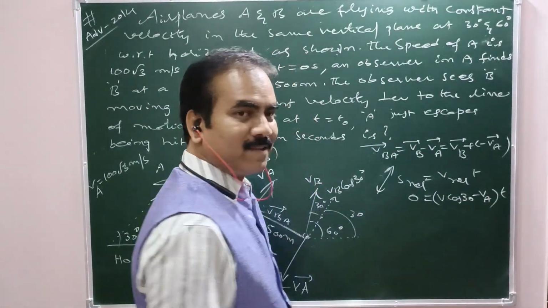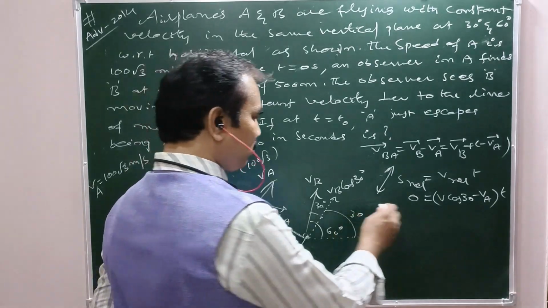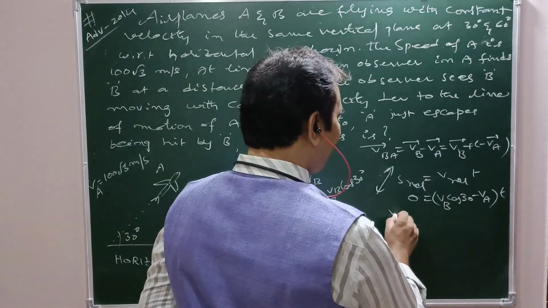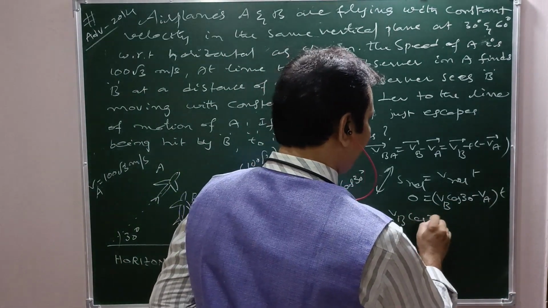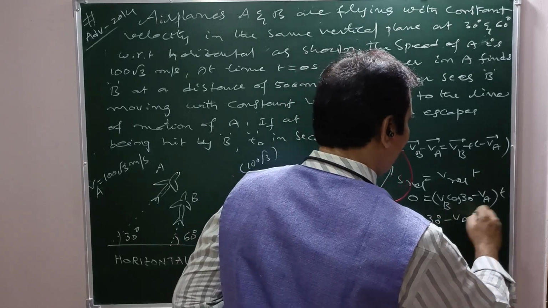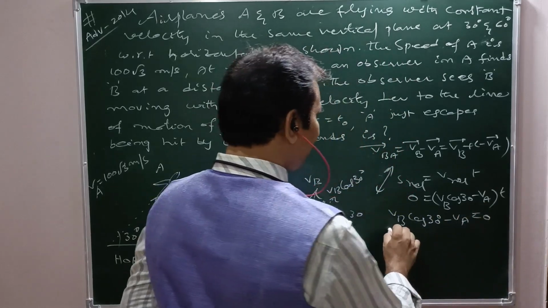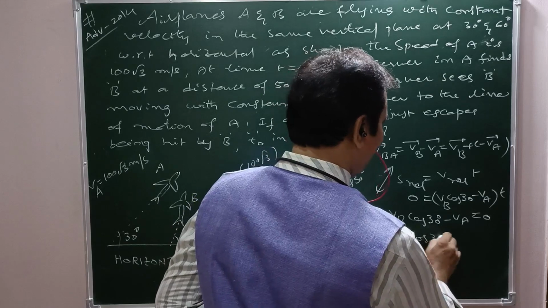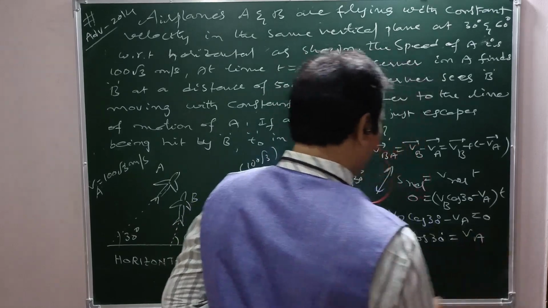Therefore VB cos 30 minus VA must be equal to 0. That is, VB cos 30 equals VA.